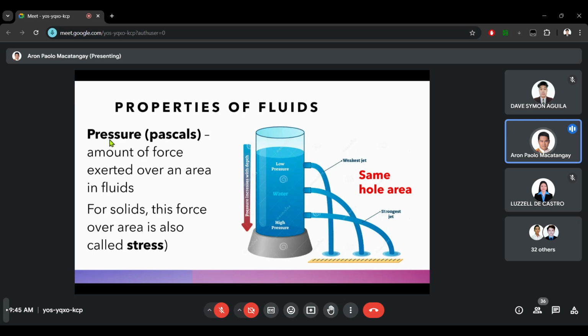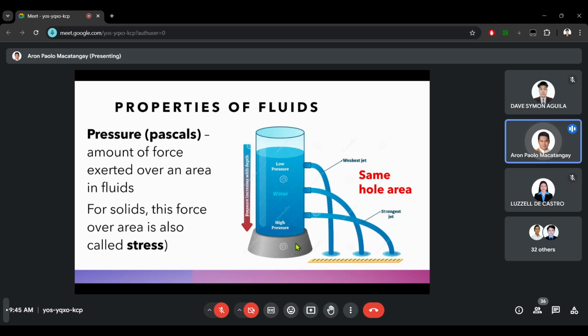Over the next sessions, you will discover that, same as solids, fluids also experience pressure. And what is the manifestation of this pressure? For example, you have a liquid in a vertical cylinder and you put three holes on the cylinder with the same hole area.